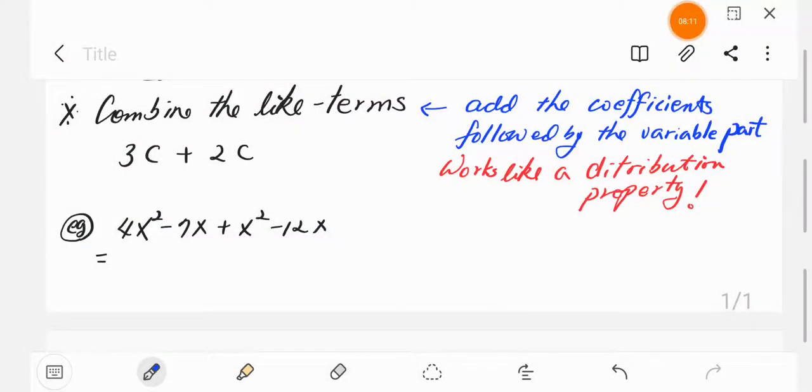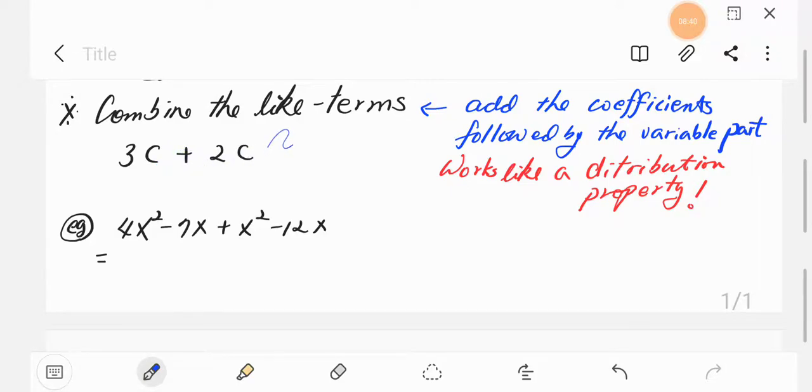Okay, then what is combining the like terms? Combining the like terms means if they are like terms, then just add up the coefficients, the numerical parts only, and then don't forget to write the variable part. So this works like the distributive property. In this example, 3c plus 2c, these two are like terms because they have the same variable part, c and c.